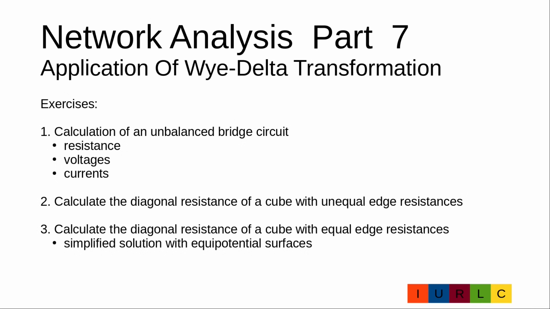First, calculate an unbalanced bridge circuit, where we determine the total resistance of the circuit, the voltages and the currents. Second, calculate the diagonal resistance of a cube with unequal edge resistances. And third, calculate the diagonal resistance of a cube circuit with equal edge resistances. And we will here use the simplified solution with the equipotential surfaces.